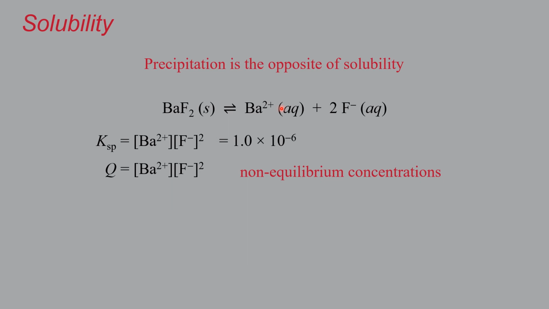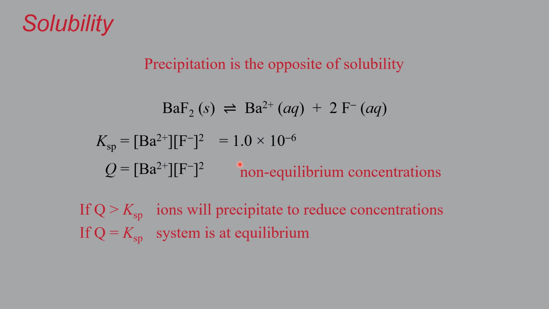And so the idea is that if the reaction quotient is larger than Ksp, that means that these concentrations are higher than the equilibrium concentrations can be, which means you will precipitate to reduce those concentrations, and that process will continue until the concentrations give you the equilibrium constant number.